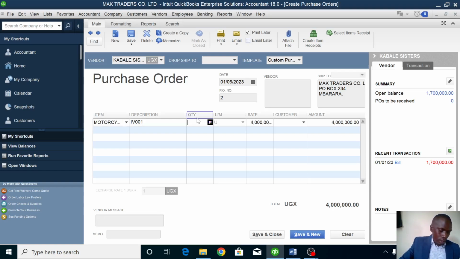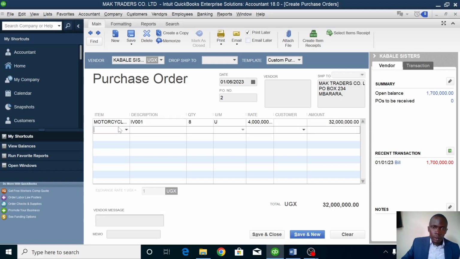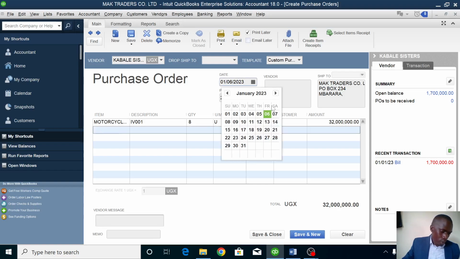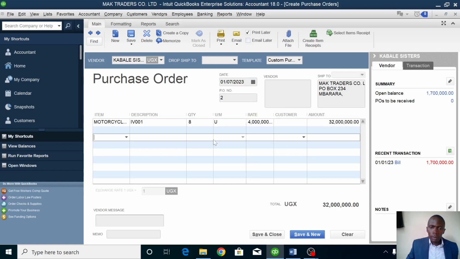The quantity is 8. Then we go to another item. The date was confirmation date, it is 7th.